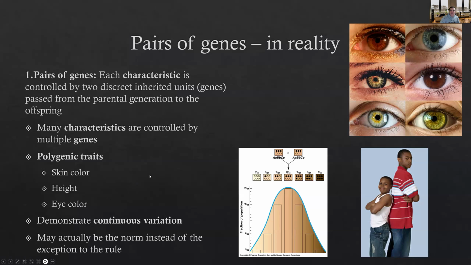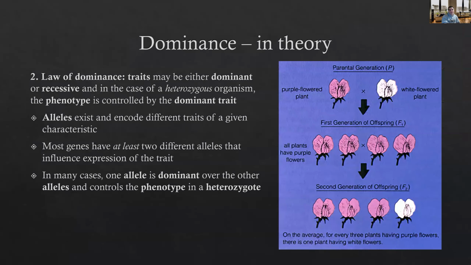But we now know that rather than being pairs of genes, in reality, many of the characteristics that we see are inherited through the activity of multiple genes. We call these polygenic traits. So we can see that Mendel's first law of inheritance is fairly readily broken in a lot of organisms.